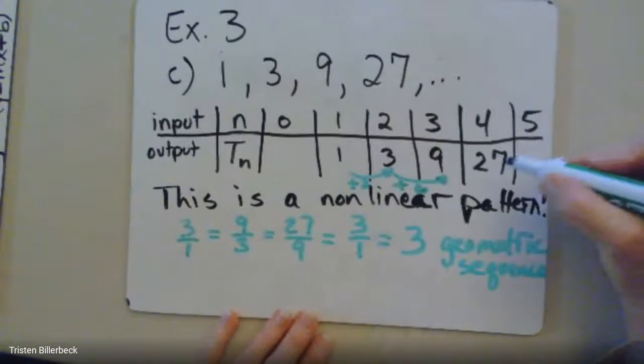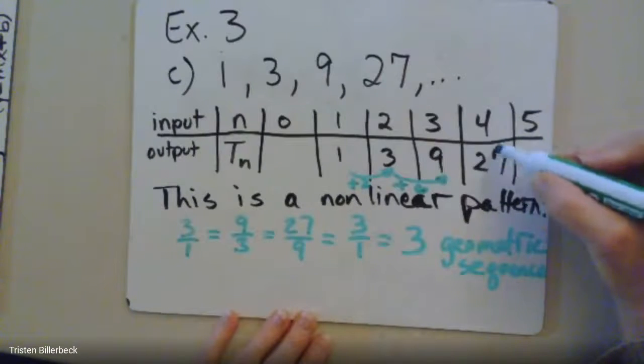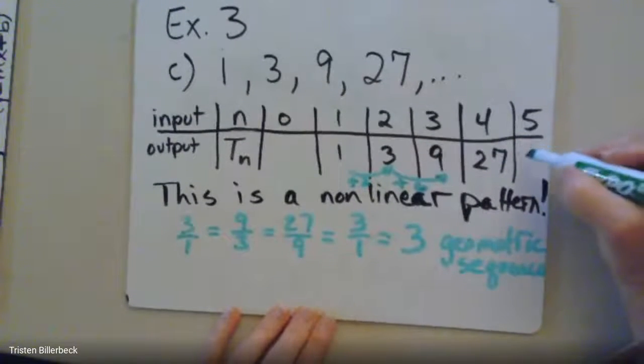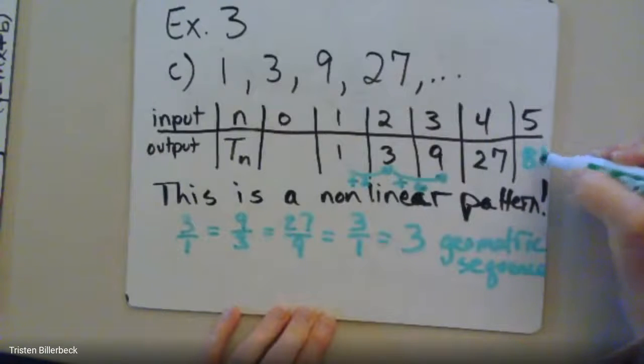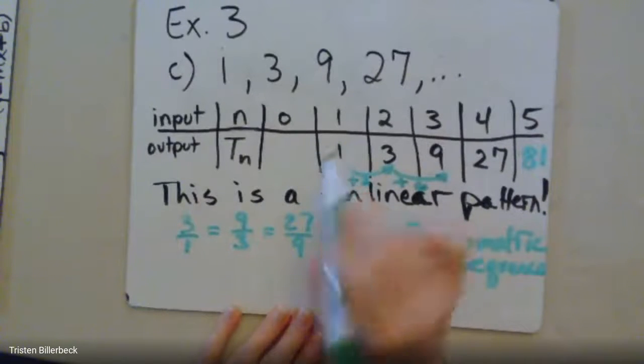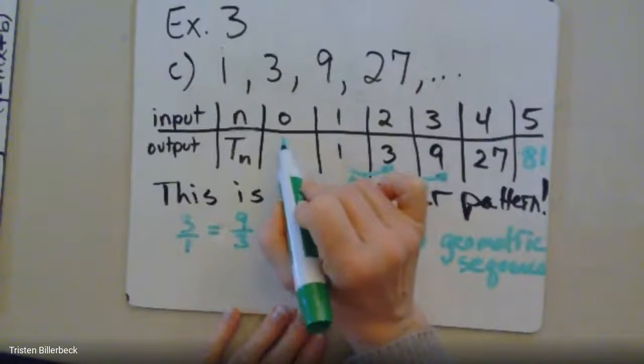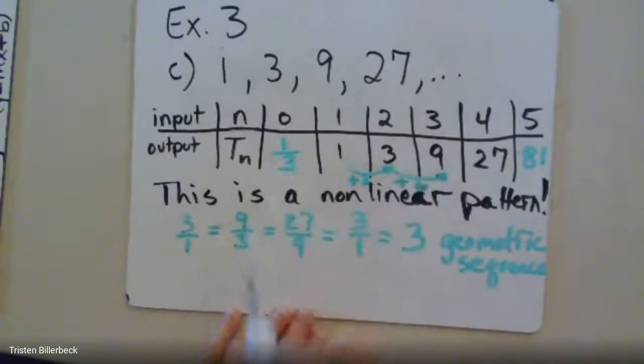So we can figure out that if we multiply 27 by 3, we would get 81. And if we divide 1 by 3, we would get 1/3.